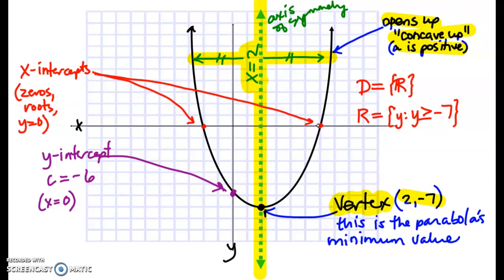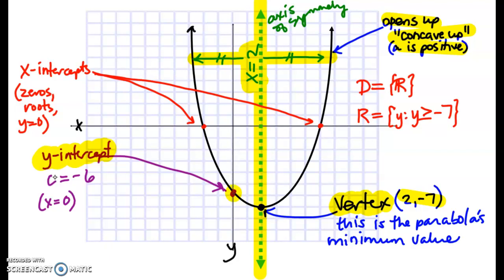All right, another point with this parabola is the y-intercept. So you can see here is where the parabola intercepts or crosses over the y-axis. This is y equals 1, 2, 3, 4, 5, -6.